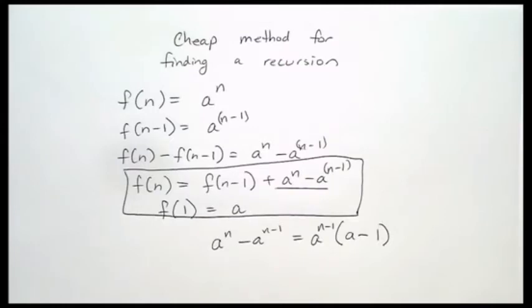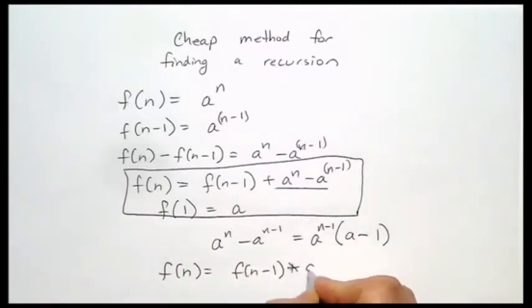Multiply it by a. So a better way is actually f of n is equal to f of n minus 1 times a. Now I've saved some calculations because I'm not doing any exponents, right? I'm just using a stored prior value and multiplying it by a, which is a lot less computation.